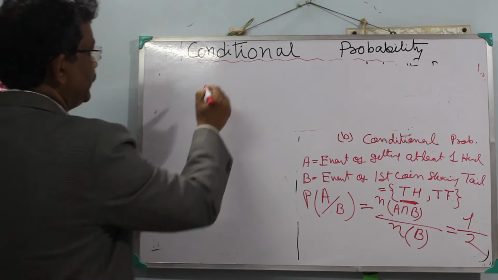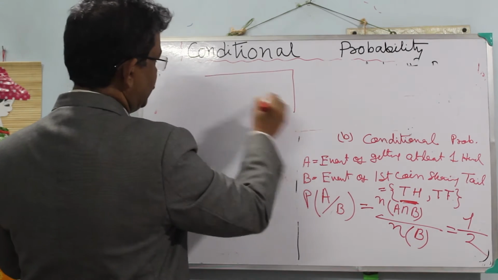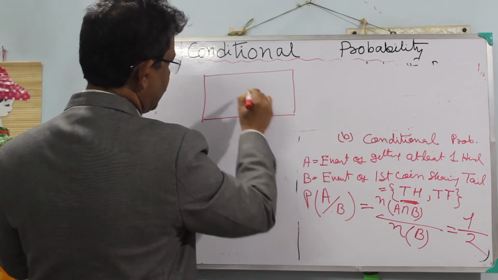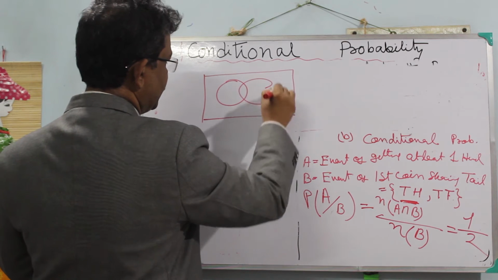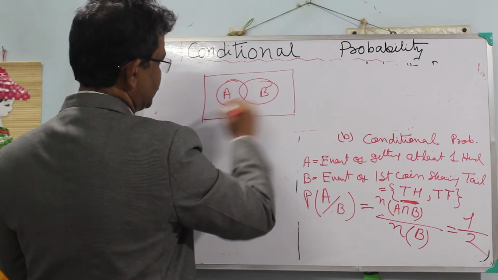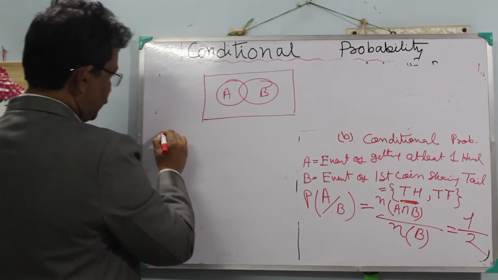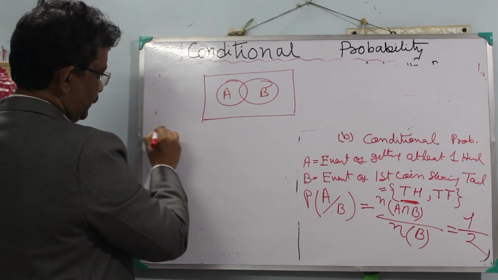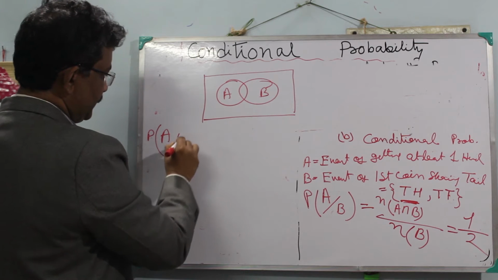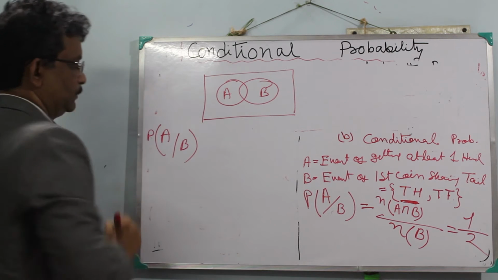If I draw a Venn diagram with sets A and B, what is the probability of A when B has occurred?